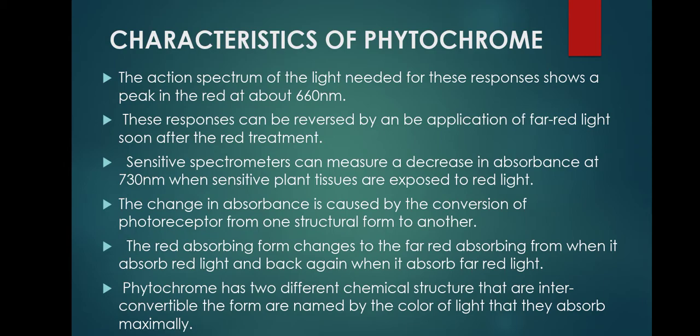Sensitive spectrometers can measure a decrease in absorbance at 730 nanometer when sensitive plant tissues are exposed to red light. The change in absorbance is caused by the conversion of the photoreceptor from one structural form to another. The red-absorbing form changes to the far-red-absorbing form when it absorbs red light, and back again when it absorbs far-red light.